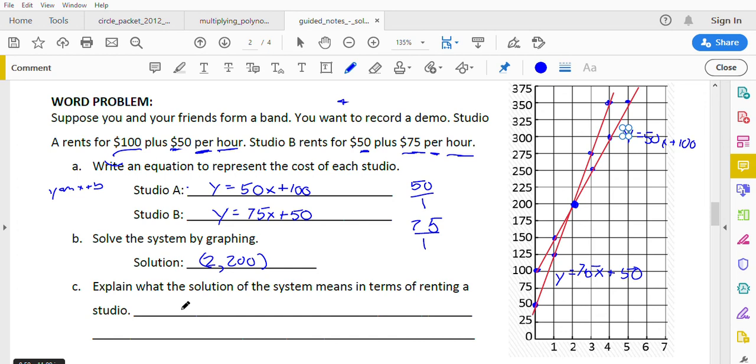So what does that point represent? That point represents where the studios cost the same amount of money. What does it mean in terms of renting a studio?